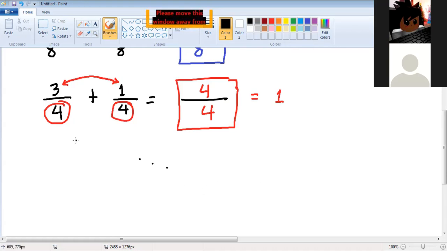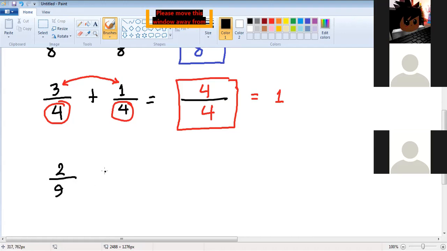Talal? Yes, mister. Do you understand the lesson or do you need more help? More help. Okay, 2 over 9 plus 3 over 9. What are the two numerators and what are the two denominators? The denominators are 9 and 5.